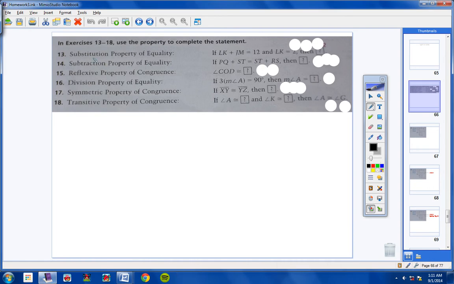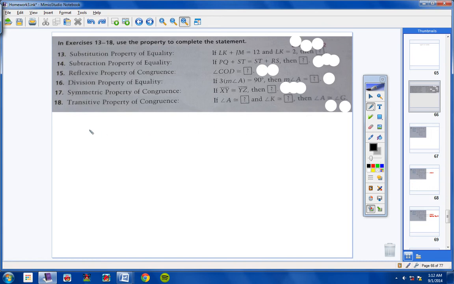Okay, number 13. We're going to use the substitution property of equality. If LK plus JM equals 12, and LK equals 2, then what? Where LK is right here, I'm going to substitute 2.